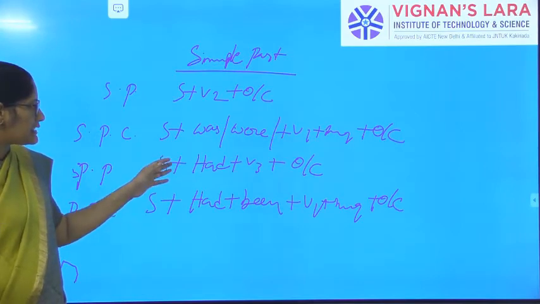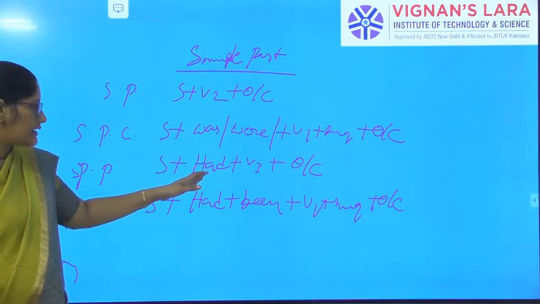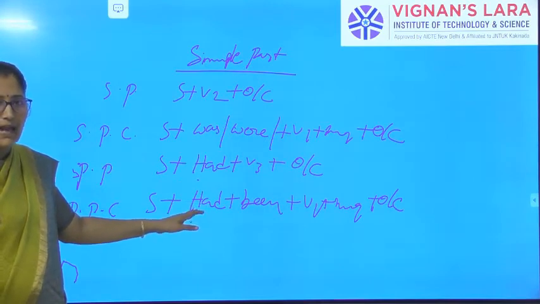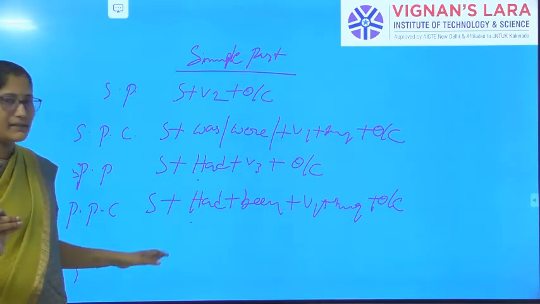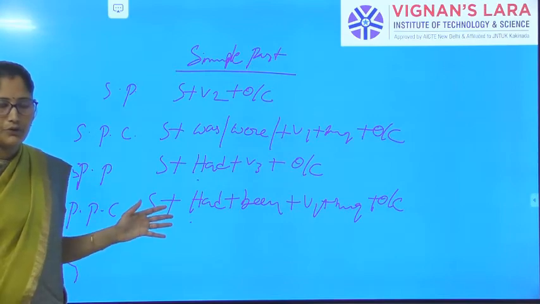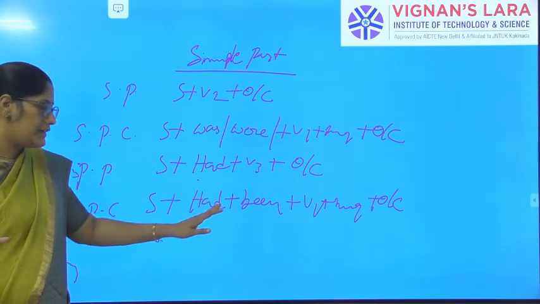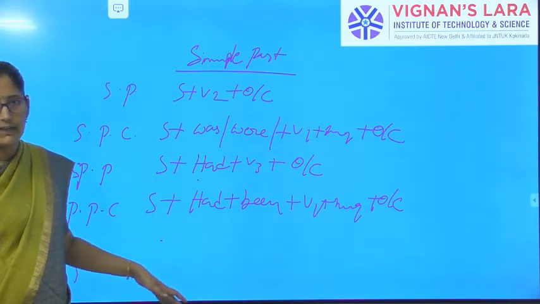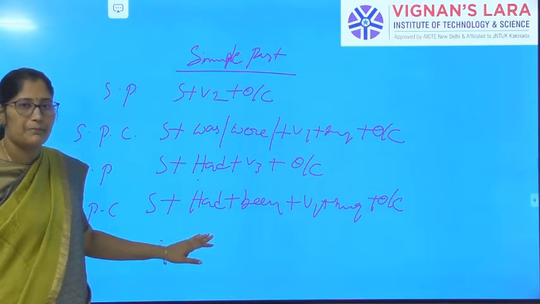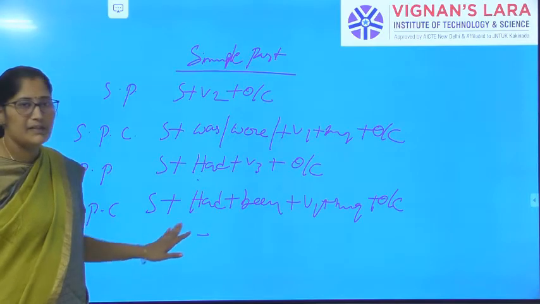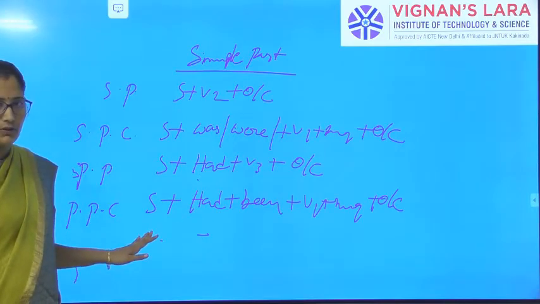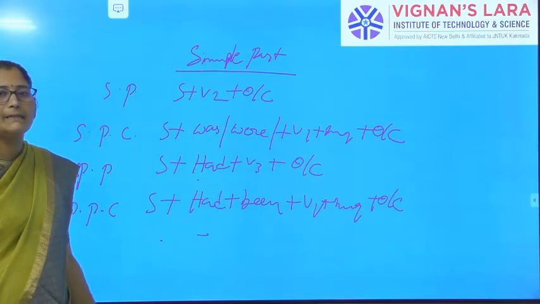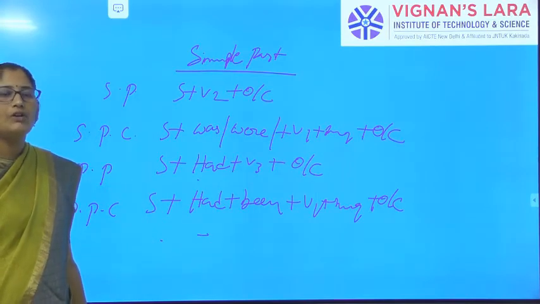Instead of have in simple present tense, here we say had, and in simple present tense we used have or has, but in past tense you don't bother about the subject case. Whether it is first person singular or plural, second person singular or plural, or third person singular or plural, there is no frequent change in this. So subject plus had plus been plus V1 plus ing plus object or complement.